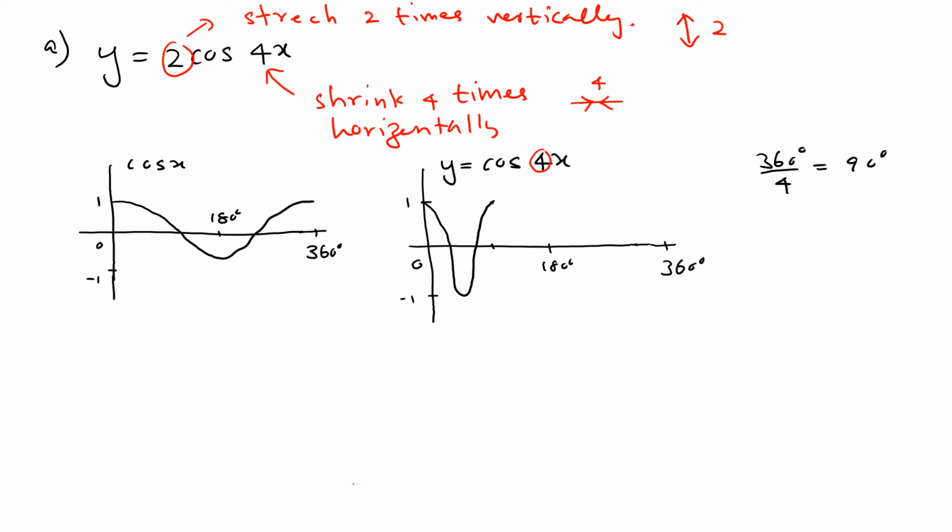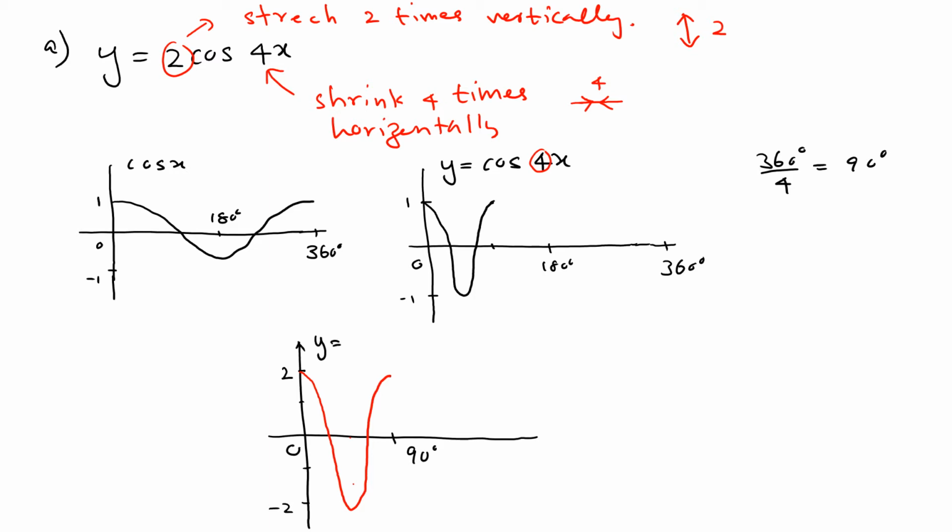So the final graph is like this: 0, 90, and 1, 2, -1, -2. The graph starts at 2, goes down to -2, and comes back, and that is how one cycle looks. This is the final graph, y equals 2 cosine 4x.